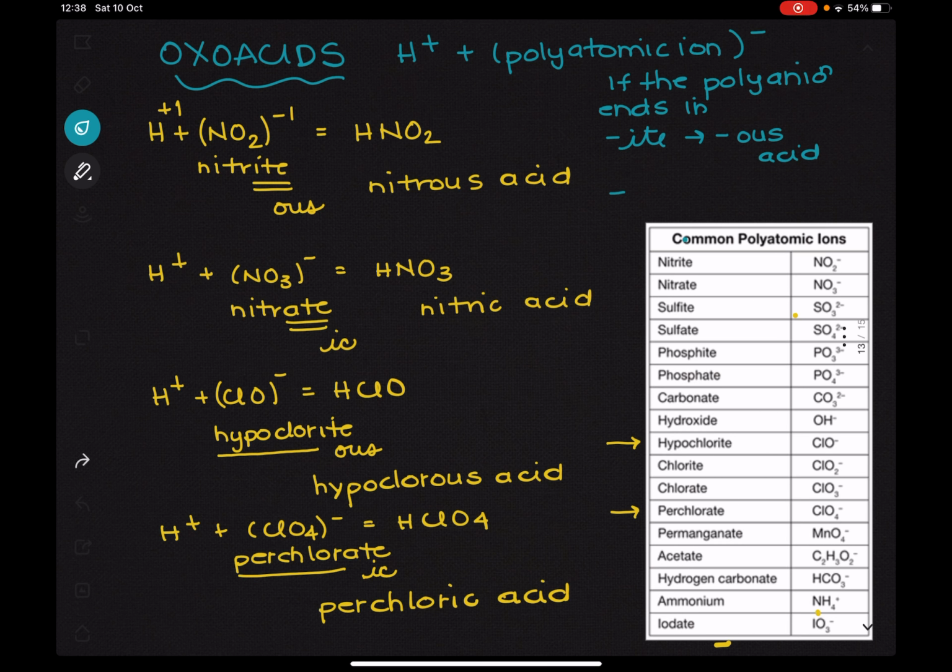If it ends with ate, you change it to ic acid. And that's the rule. We actually keep the prefixes. Whenever the ion has a prefix, we keep it.